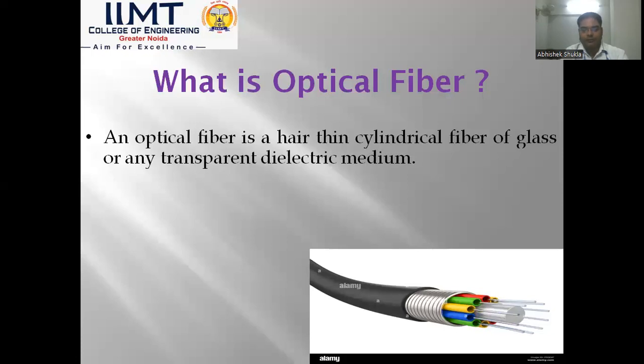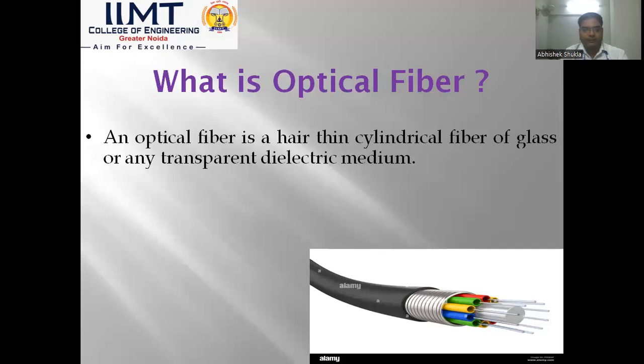So we need a good medium to transfer our data without any loss. For this specification, optical fiber till now is a good medium to transfer our data in a better way.